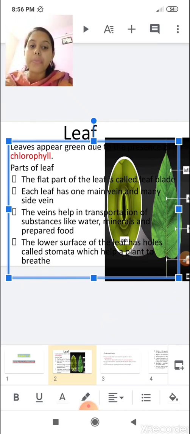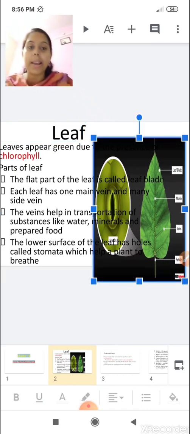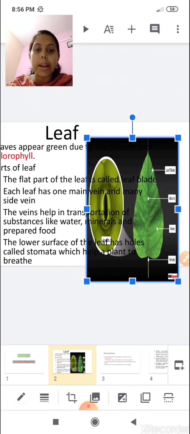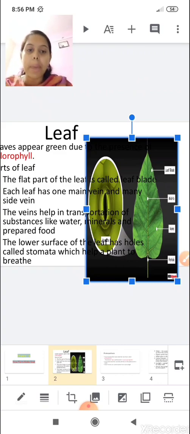Then the lower surface of the leaf has holes. The holes present at the lower surface are known as stomata, which are not visible to the naked eye. Then we have seen this diagram of stomata. You can see it at the back.